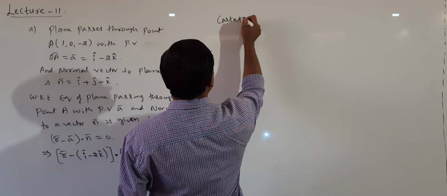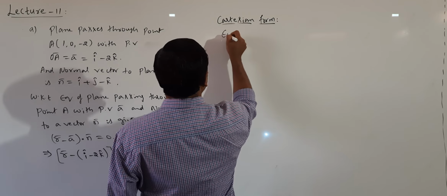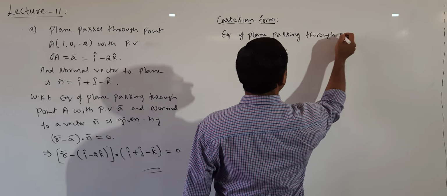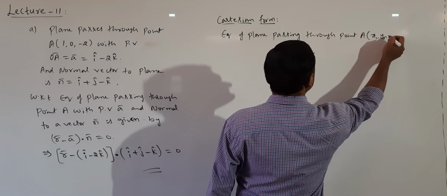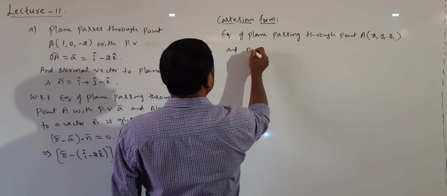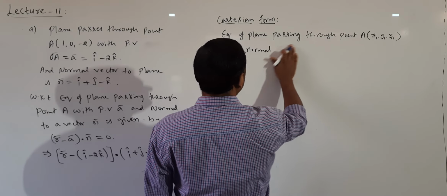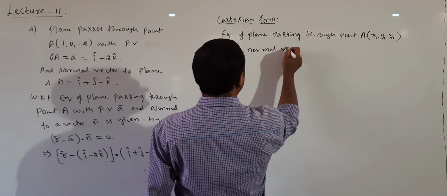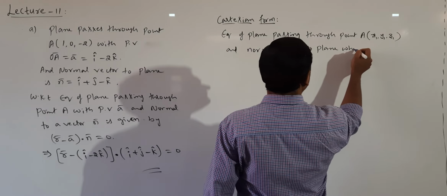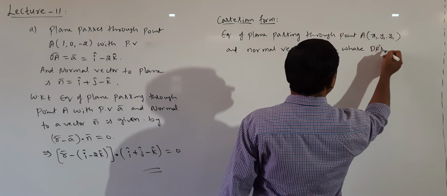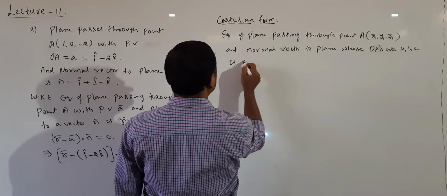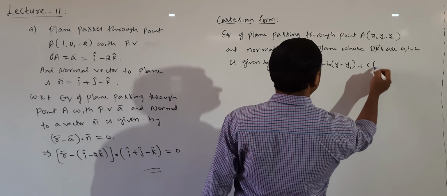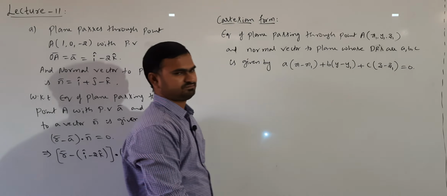So in Cartesian form, the equation of a plane passing through the point (x1, y1, z1) and normal vector to the plane whose DRs are a, b, c is given by a into x minus x1 plus b into y minus y1 plus c into z minus z1 is equal to 0. This is the equation of the plane.